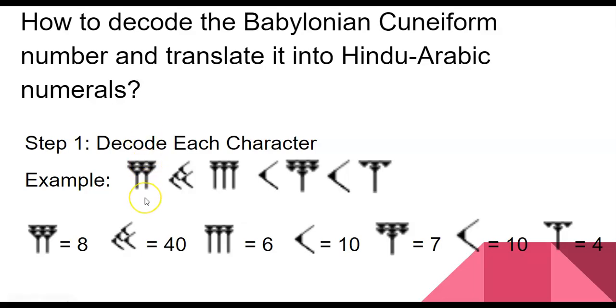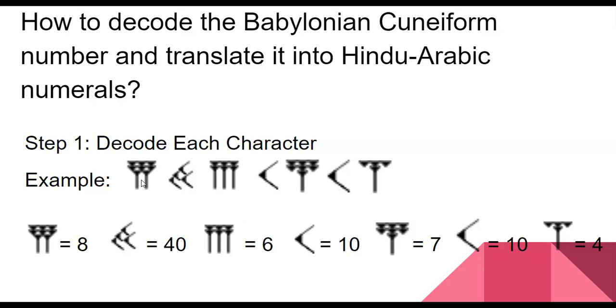Step number 1, we're going to decode each character. For example, this is the cuneiform sexagesimal number. We're going to translate it into a decimal number. So 8, this is the symbol for 8. 8 is already greater than 6, so it should not need another character.